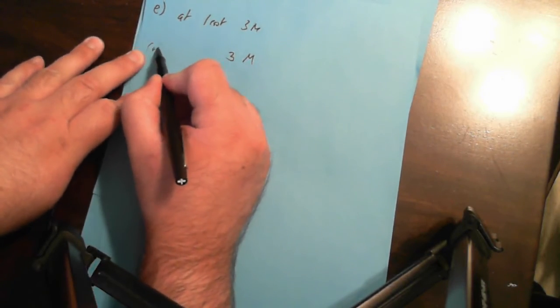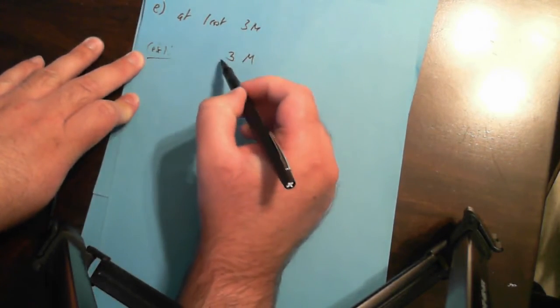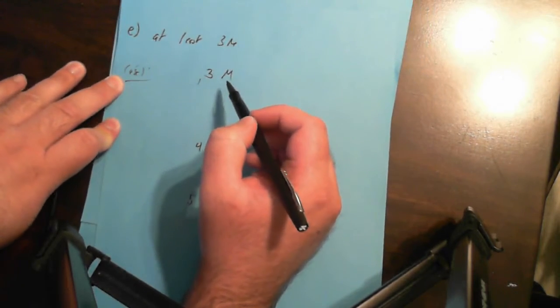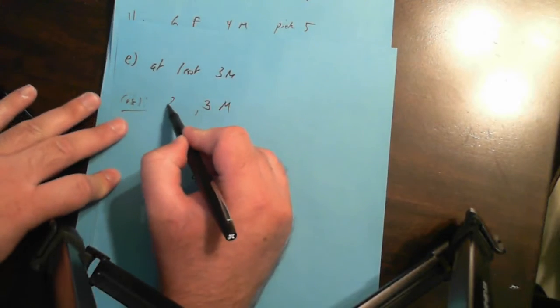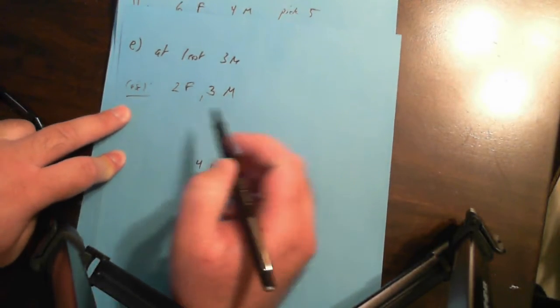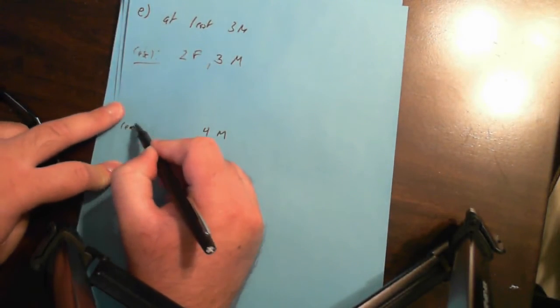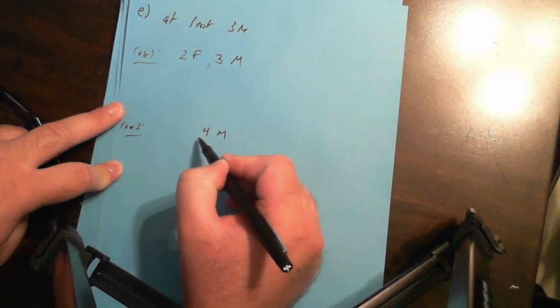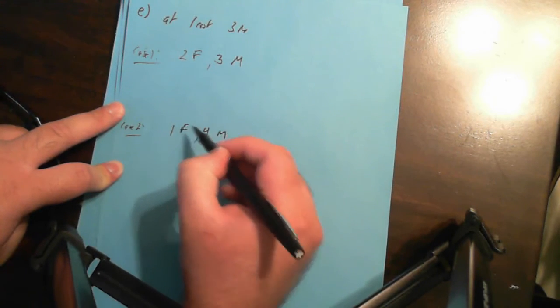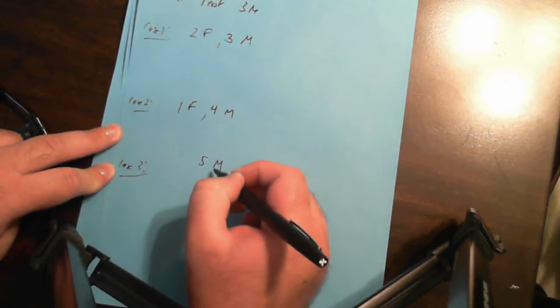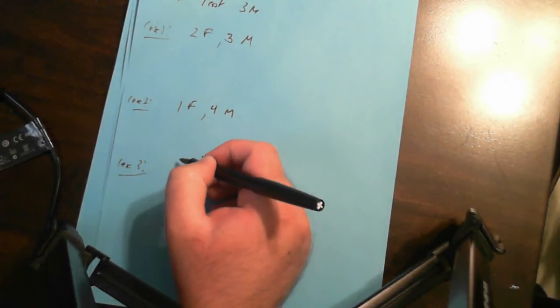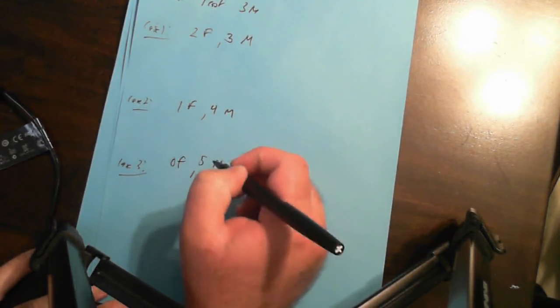So my first case here, case number 1, is where I have 3 males. Well, remember, we're still picking 5 people, so that would mean I had 2 females. My second case is when I have 4 males. Well, still picking 5 people, so that means 1 female. And my third case is when I have 5 males. That would mean 0 females.